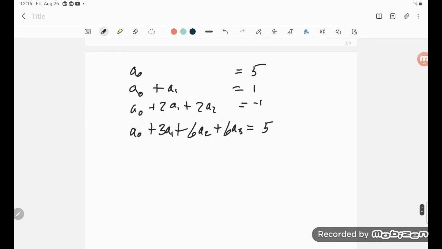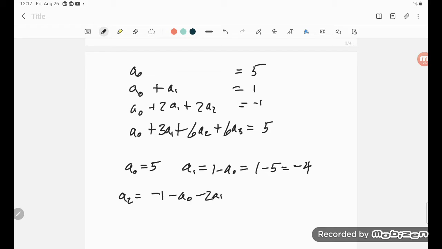Okay, so now I can start solving this. I get that a0 is equal to 5. Then a1 is equal to 1 minus a0, which is 1 minus 5, or -4. Then a2, I'll divide by 2, is -1 minus a0 minus 2a1, all divided by 2.